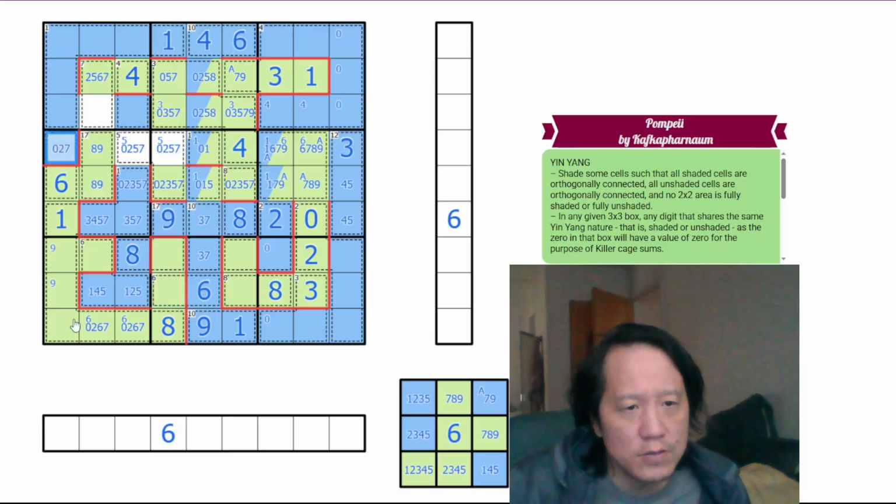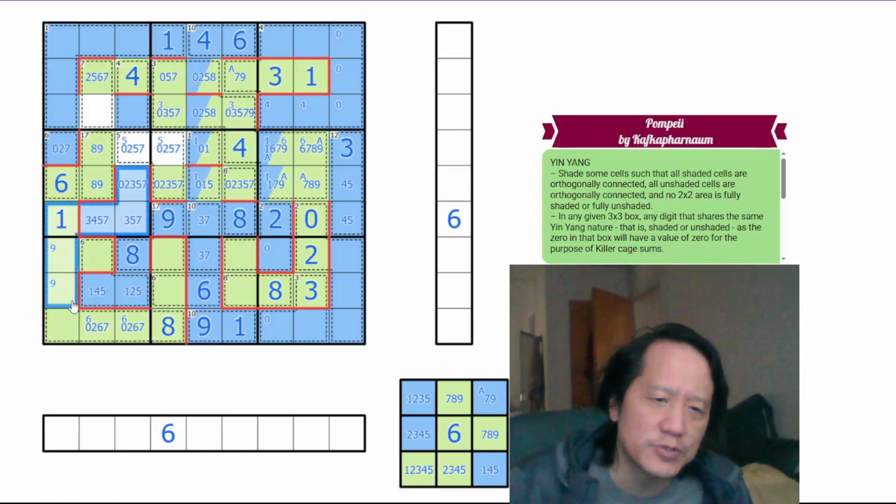This cell... Oh. No. These are the same cage. Oh, maybe that was the bad assumption here. Interesting.